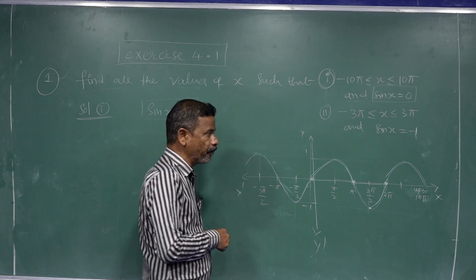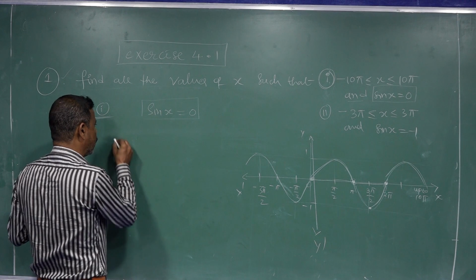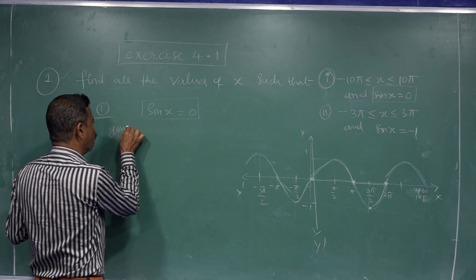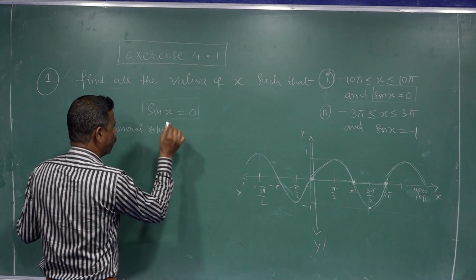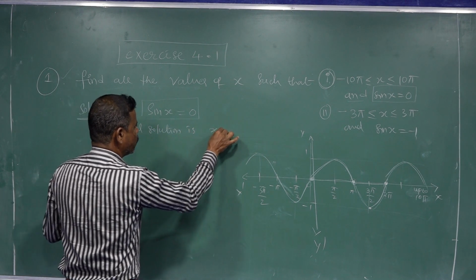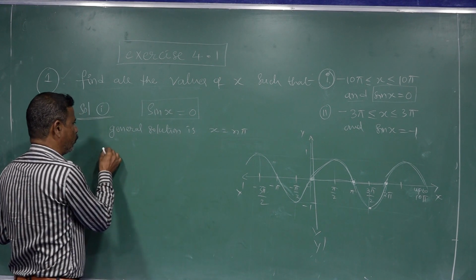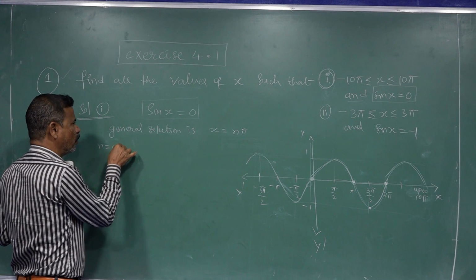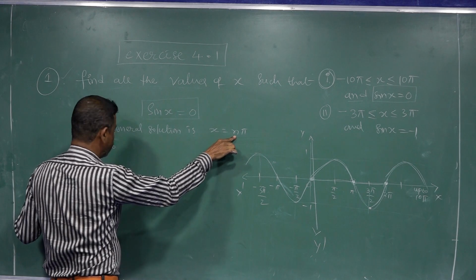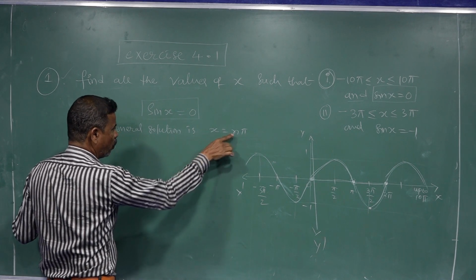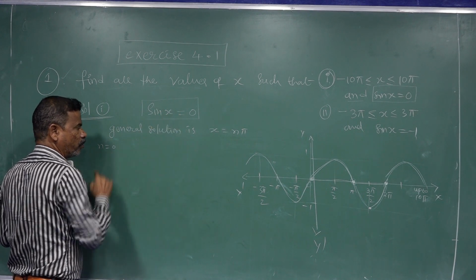Now, for the equation sin x is equal to 0, the general solution is x is equal to nπ. First, n is equal to 0, we get x is equal to 0, which means sin 0 is 0.